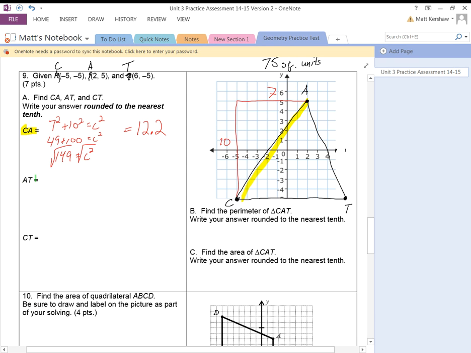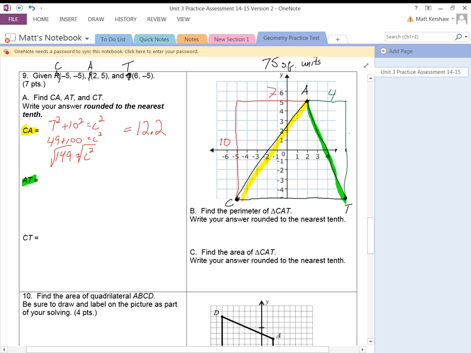All right, now let's find AT. So AT is this side. And let's use green. All right, so remember we had to add to this a little bit. And so this is 1, 2, 3, 4.